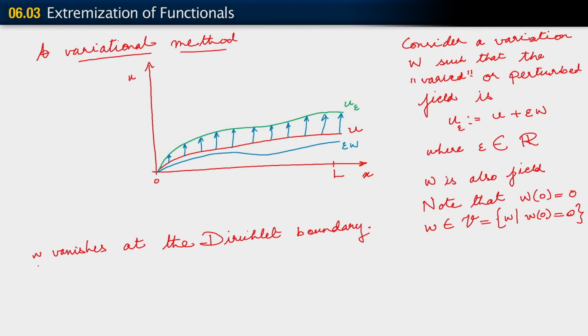And so it is that W vanishes at the Dirichlet boundary in order that the perturbed field U sub epsilon does not violate the Dirichlet boundary condition. Okay? This is so that U sub epsilon obeys or satisfies the Dirichlet boundary condition.